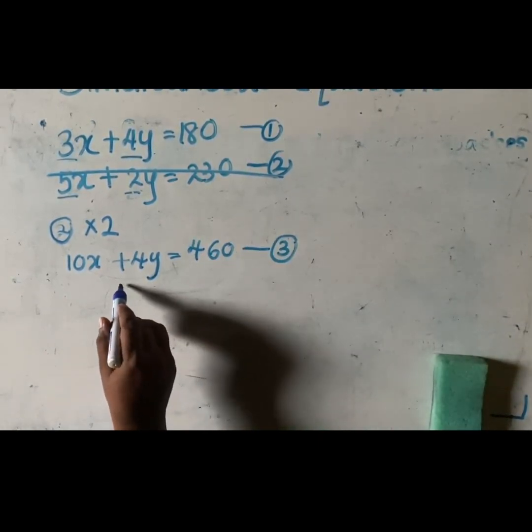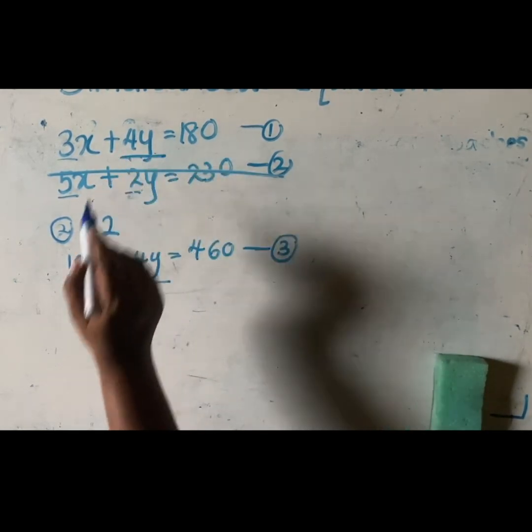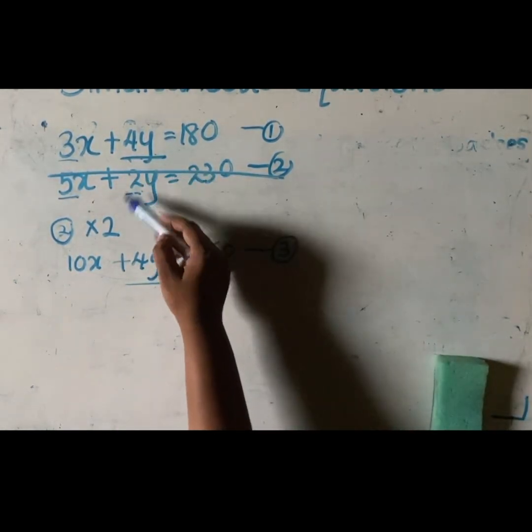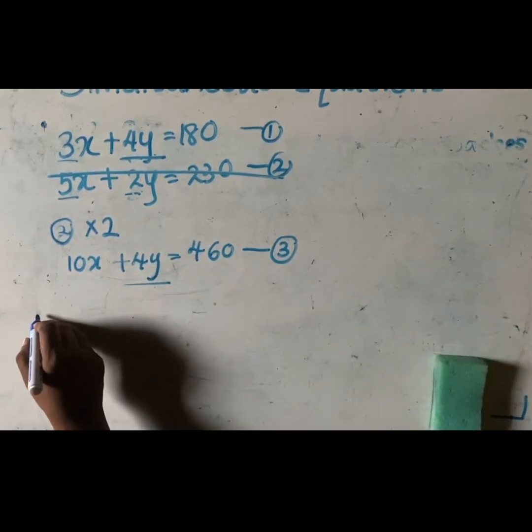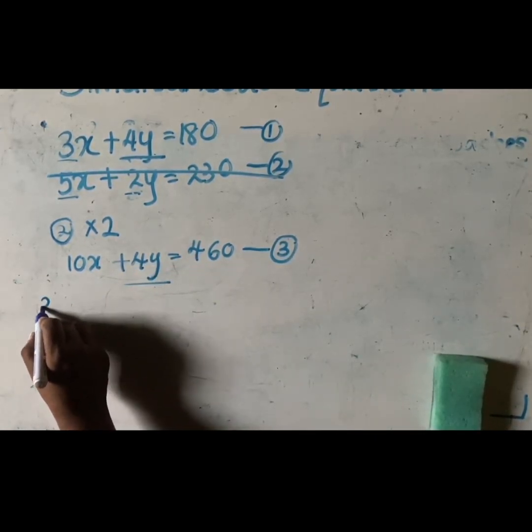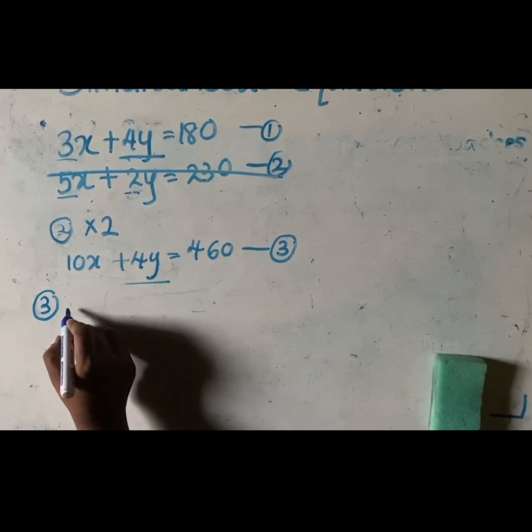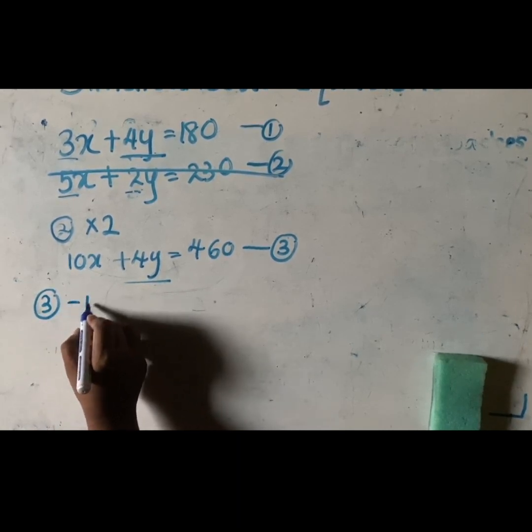Now see, here 4y is there, here also 4y is there. The same coefficient, same sign. What to do? We will subtract these. I will subtract equation 1 from 3.